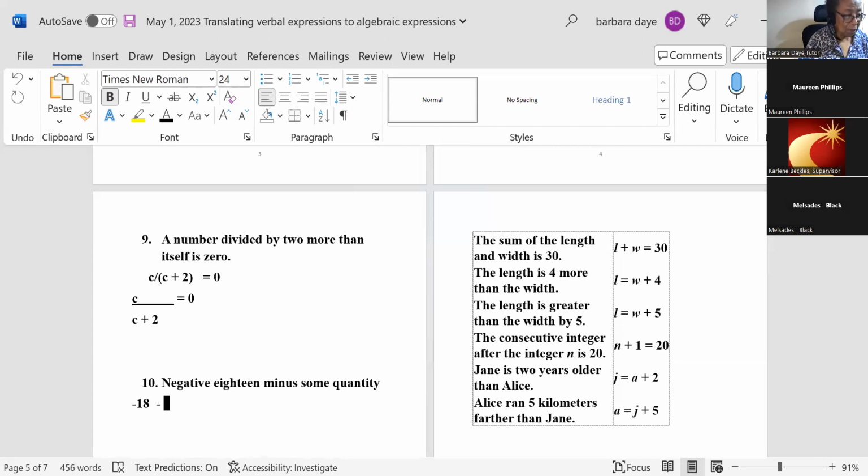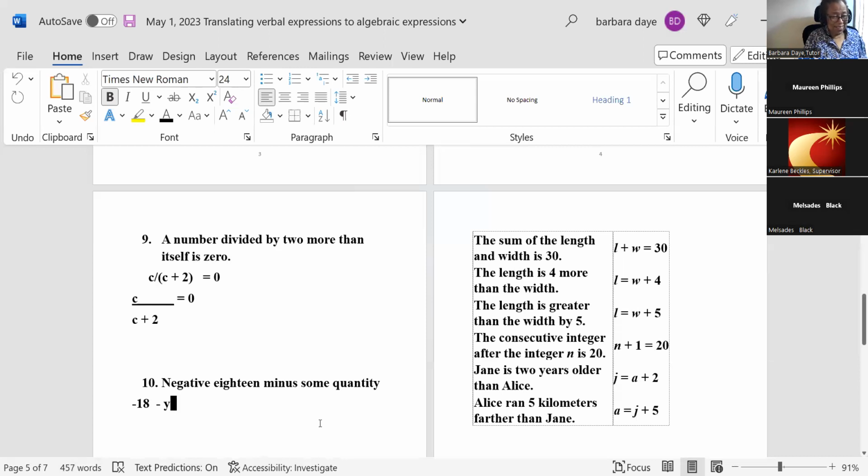And what do I put for some quantity? No, quantity is a variable, so you're gonna put a y. Okay, minus y, that's it. Negative 18 minus some quantity y. That's it. Finish.